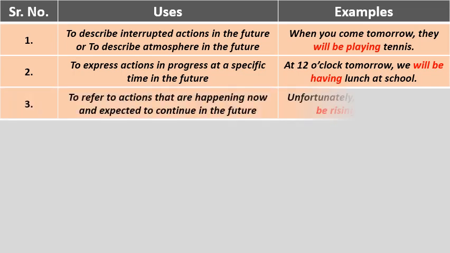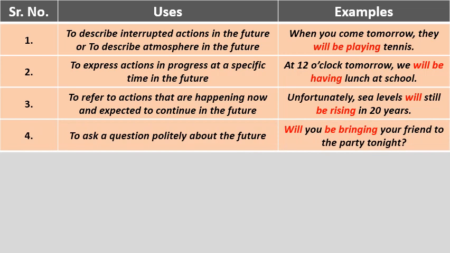Number 3. It is used to refer to actions that are happening now and expected to continue in the future. For example, unfortunately, sea levels will still be rising in 20 years. Number 4. It is used to ask a question politely about the future.